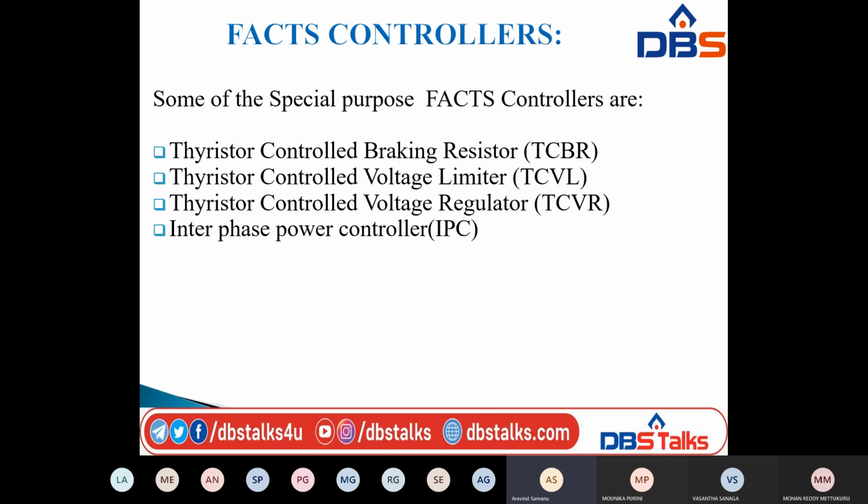Some of these concepts we already discussed previously. Those are the basic types of FACTS controllers: series connected controllers, shunt connected controllers, combined shunt to series controllers, and combined series to series controllers.